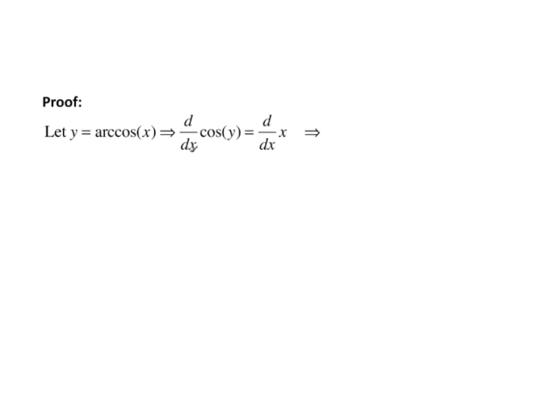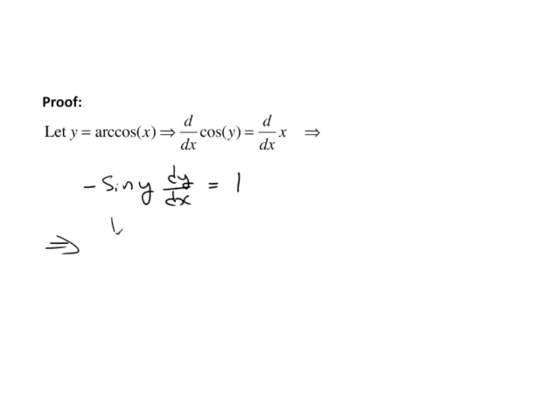So if I take the derivative of cosine of y with respect to x, I need to use a little implicit differentiation, because y is an implicit function of x. I'm going to end up with negative sine of y times dy/dx, and this is equal to 1, because the derivative of x is just 1.